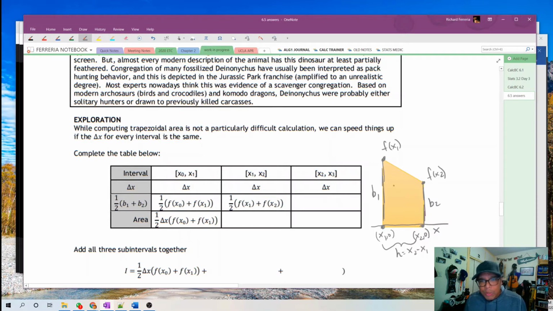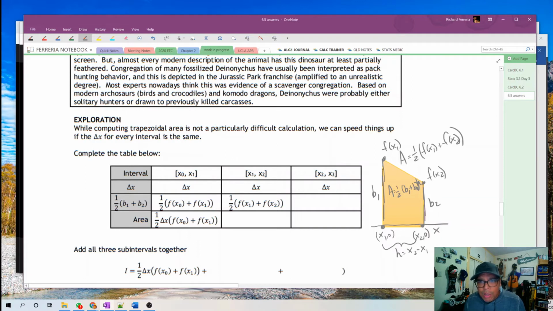So if you want to implement the trapezoidal area here, the area would be 1/2 of base 1 plus base 2 multiplied by the height. Let's write it over here. So the area would be 1/2 of f of x1 plus f of x2.